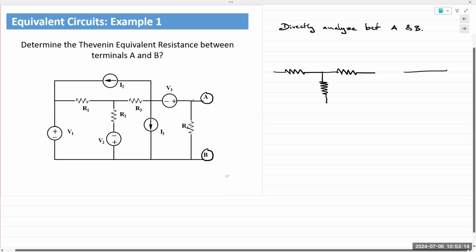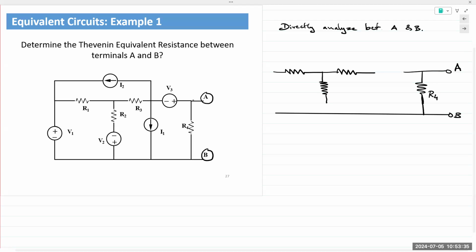That's A, and that's B. This is R4. We have V1, V2, and V3, 3 voltage sources, and we have to reduce them to 0.